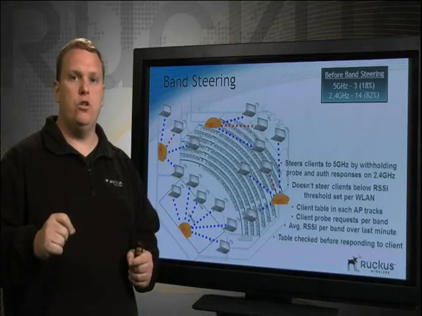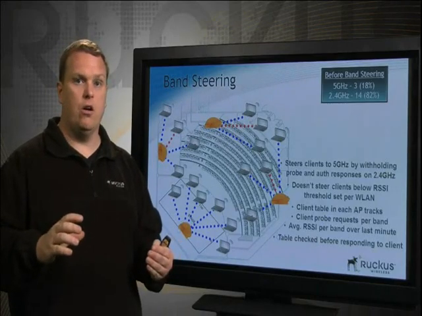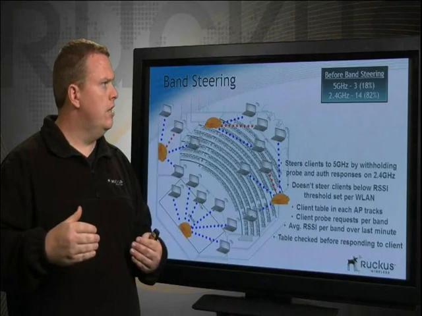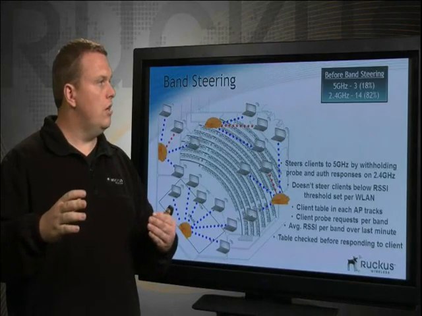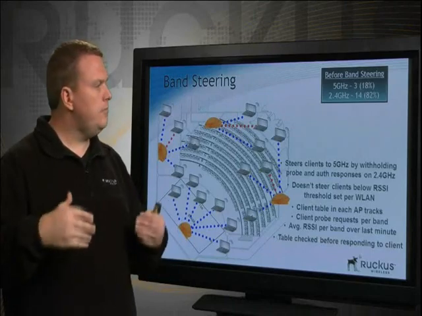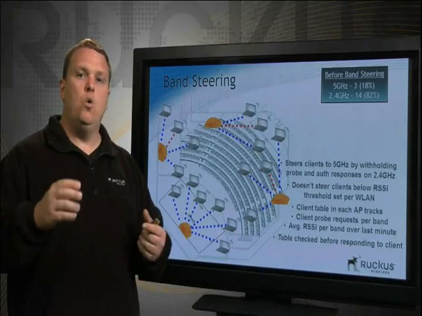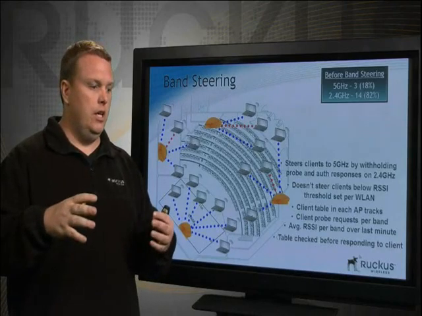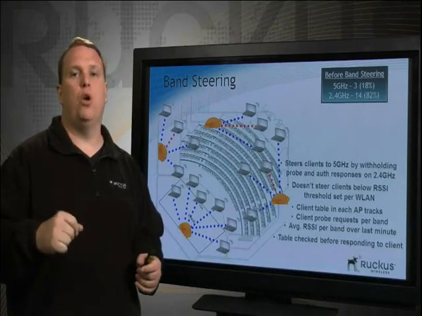But even once you do that, systems tend to always run home to 2.4 gigahertz. Client devices, even if they have a 5 gigahertz option, don't always choose it. So what Ruckus has done is it has a system called band steering. When a client device is connecting, it has to send out something called probe request frames.